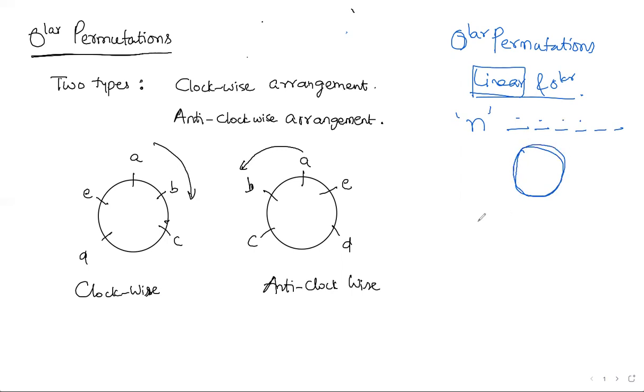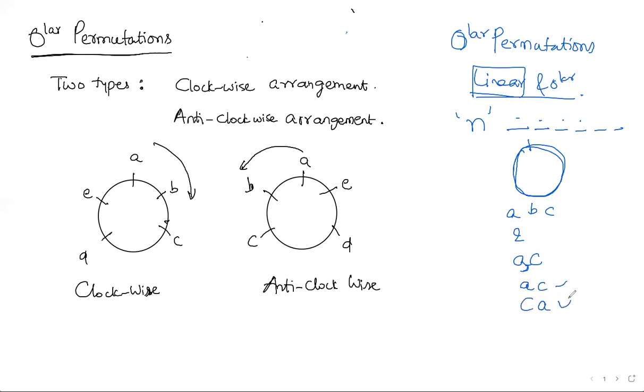When you see the difference between linear and circular permutation, in circular permutations there is no starting and ending point. For example, the given elements are A, B, C, and we have to choose two elements from them and arrange them. Suppose we have chosen A, C, and we arrange them A first, C second, and C first, A second.